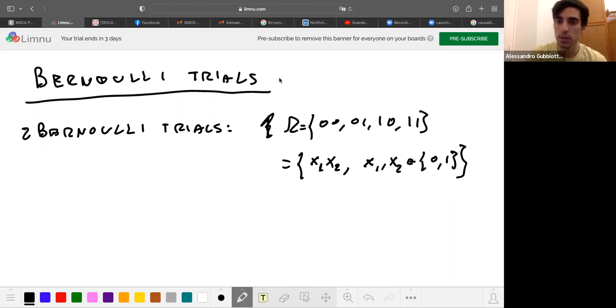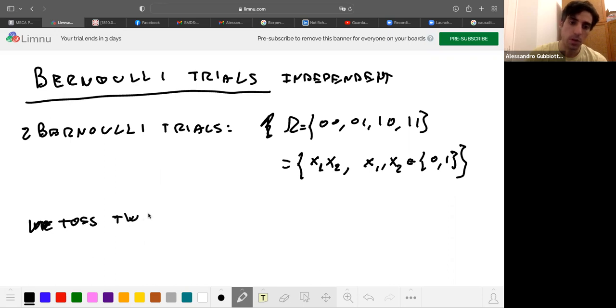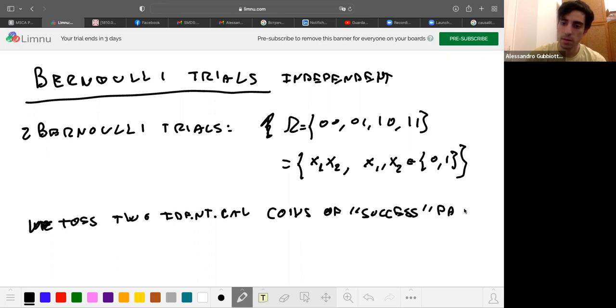We want to do independent trials. First of all, we toss two identical coins of success parameter p, which is a number between 0 and 1.